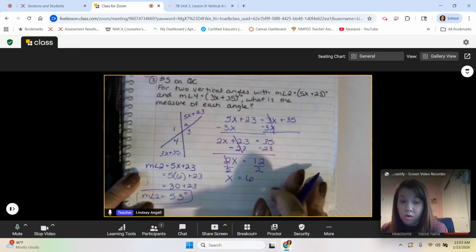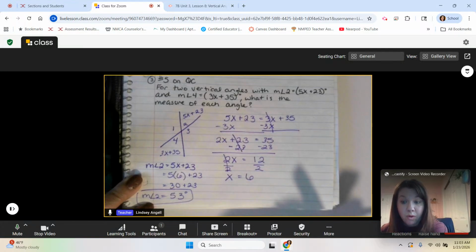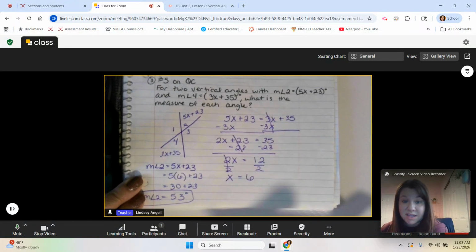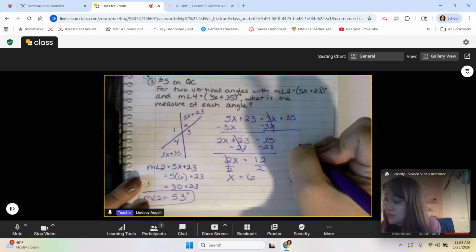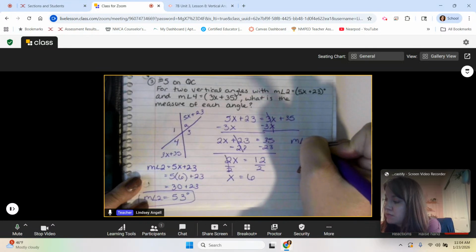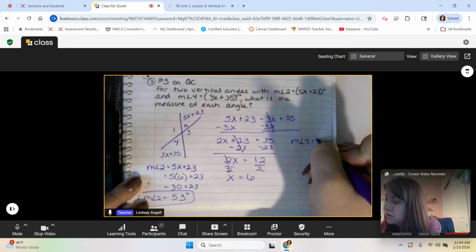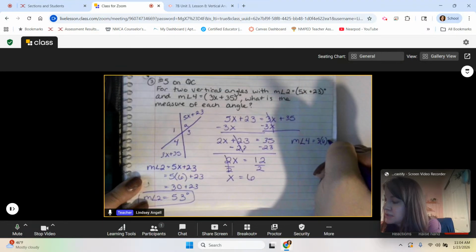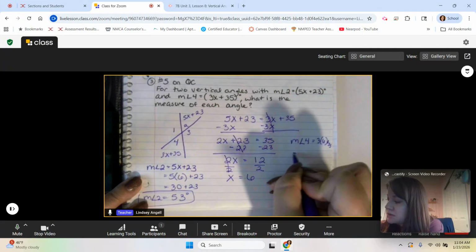We better hope that the measure of angle 4 is also 53 degrees, because otherwise Miss Angel messed up completely. So the measure of angle 4 equals 3 times 6 plus, I'm running out of room, 35. Better scoot over.